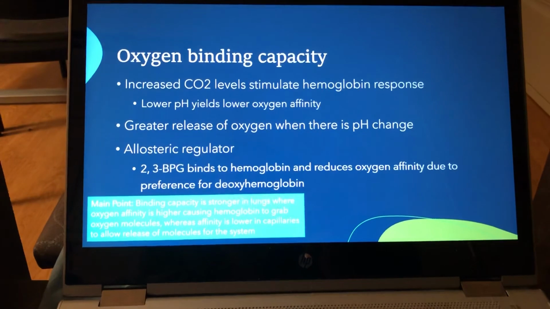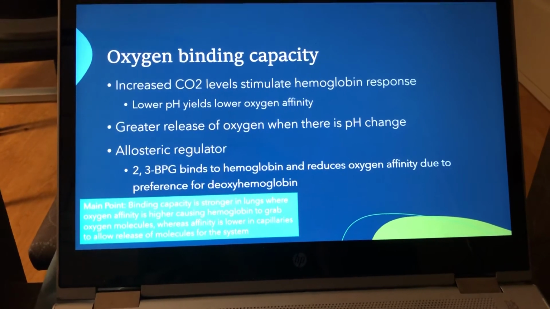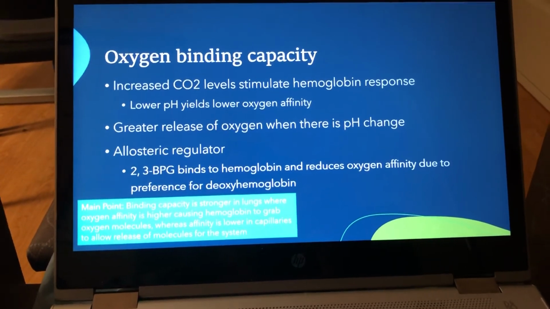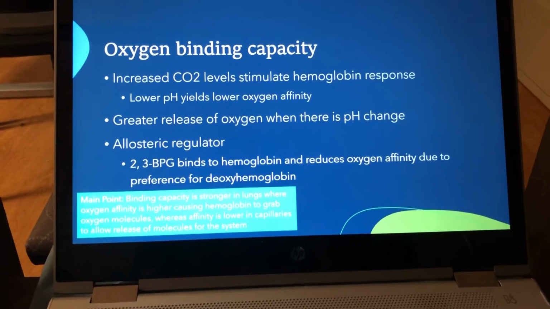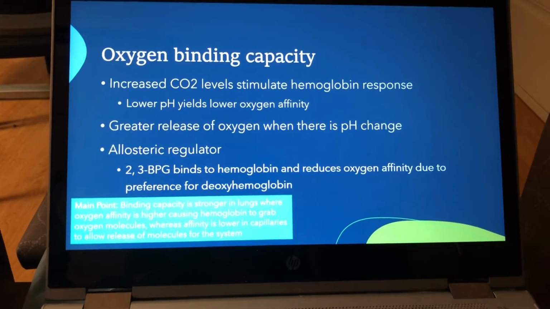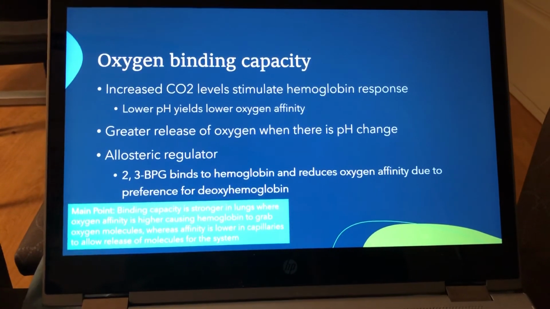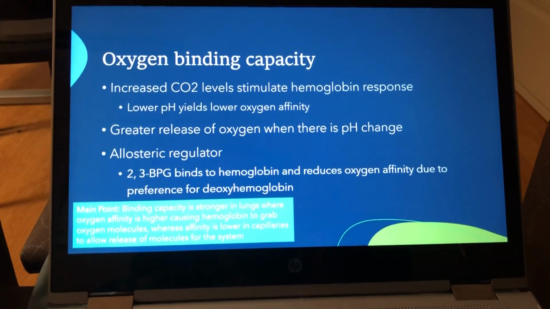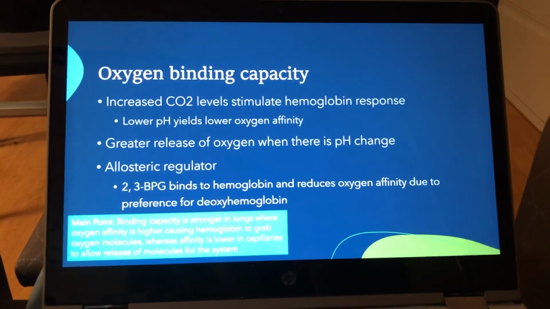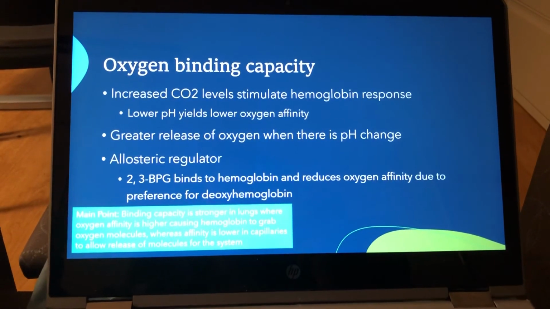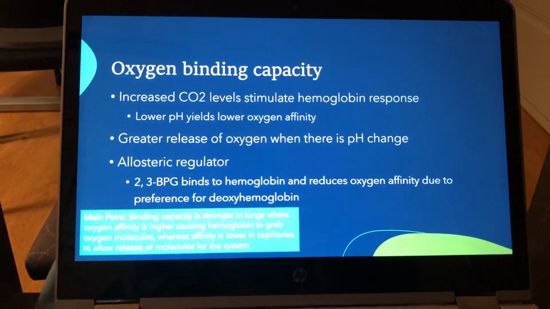So binding capacity has to be significantly stronger in the lungs, where this oxygen affinity is high, causing the hemoglobin to grab these molecules and hold on to them tightly. Now, as soon as we get to the capillaries, where we want these hemoglobin molecules to release the oxygen so that we can circulate it through our system, that's when the 2,3-BPG comes in and allows that reduction of oxygen affinity to deoxygenate it and reduce that binding capacity, like we were talking about.